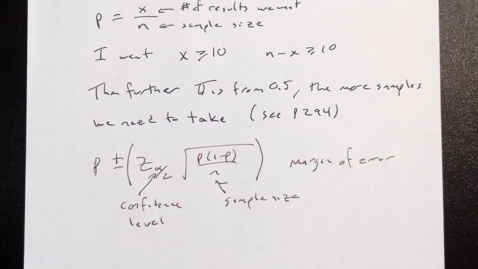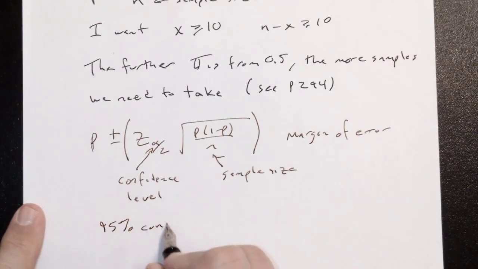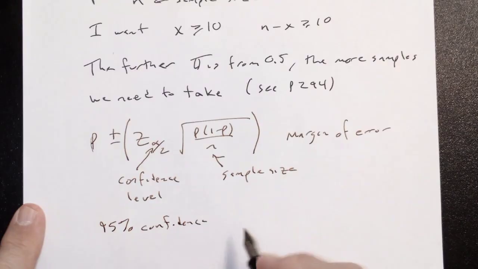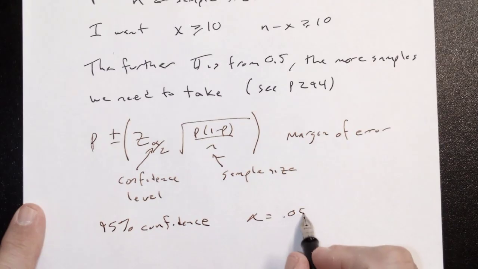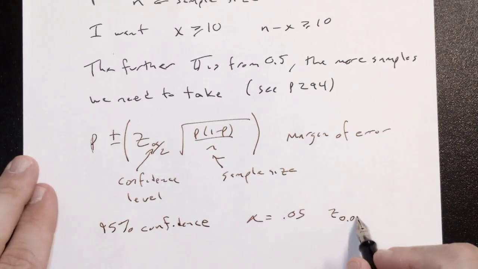Normally, typically, we try and aim for a 95% confidence. If I'm doing a 95% confidence, then our alpha is the leftover. So I need Z of 0.025.